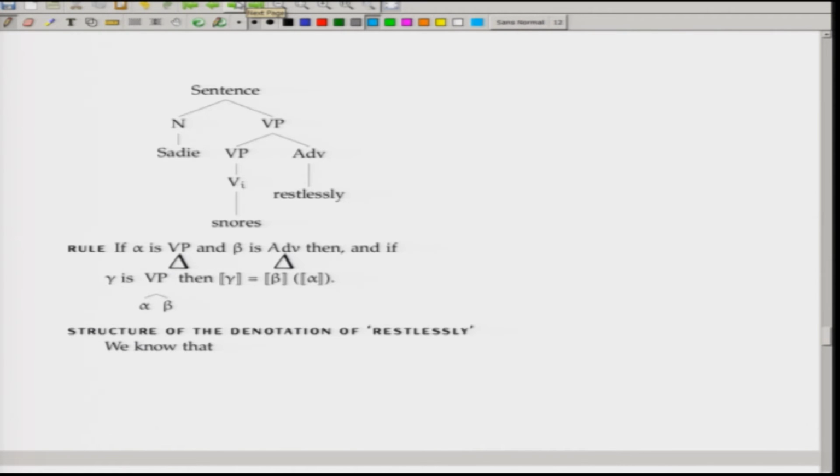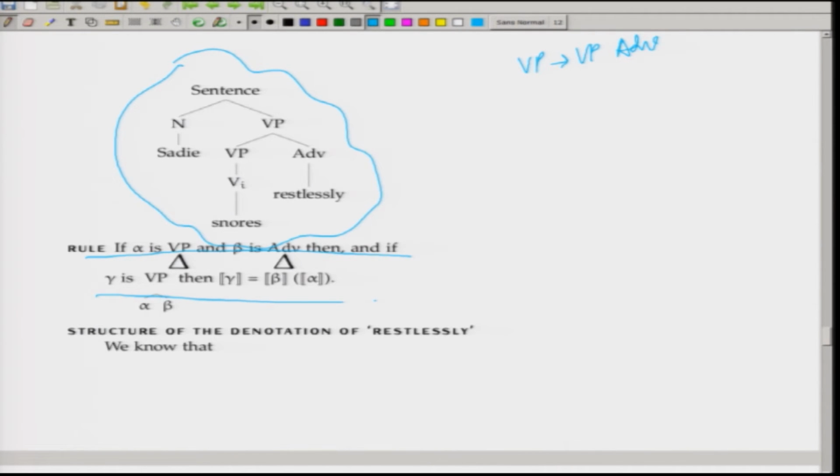As we said already, here is the sentence, and the sentence goes to NP VP. This will be the syntactic tree for the sentence. So, then what will be the rule of it?